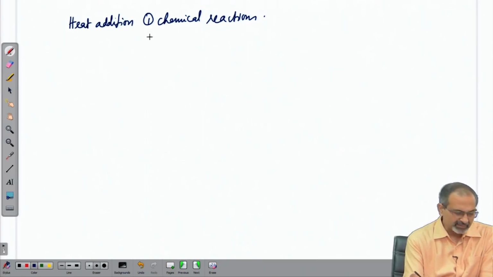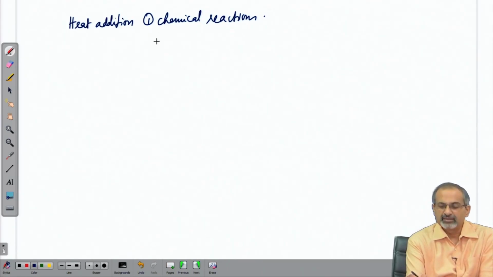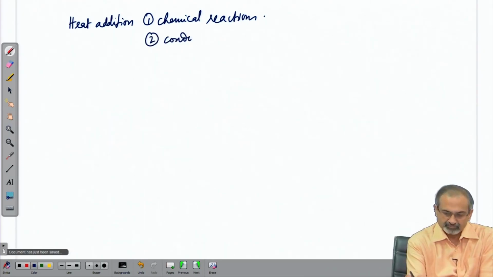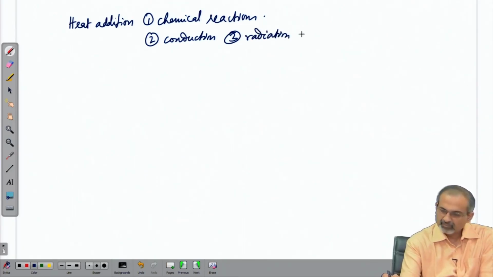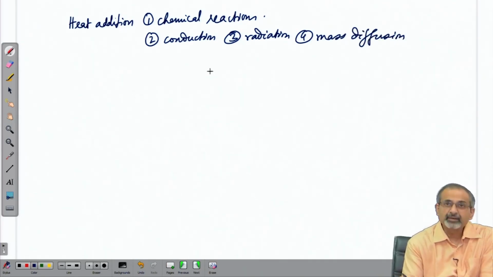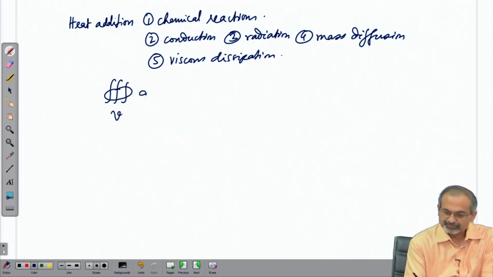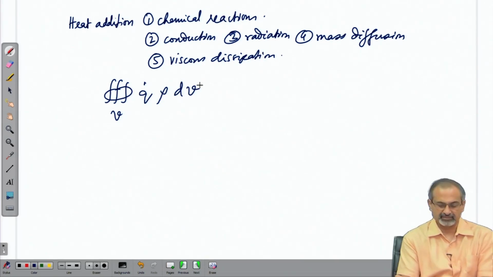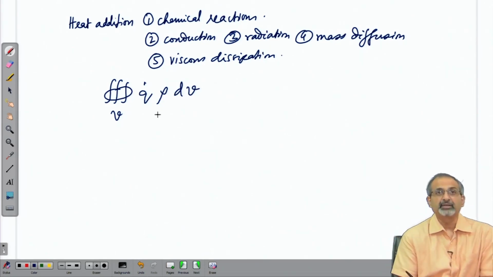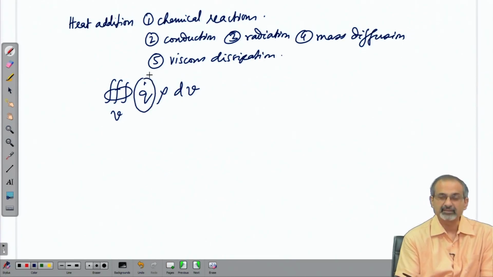There could be other reasons: heat transfer through conduction or radiation, let us say mass diffusion, and at high speeds there could be a lot of heat generation due to viscous dissipation. So, in totality one can represent it like this. It is per unit mass that we are representing the Q dot as a rate.